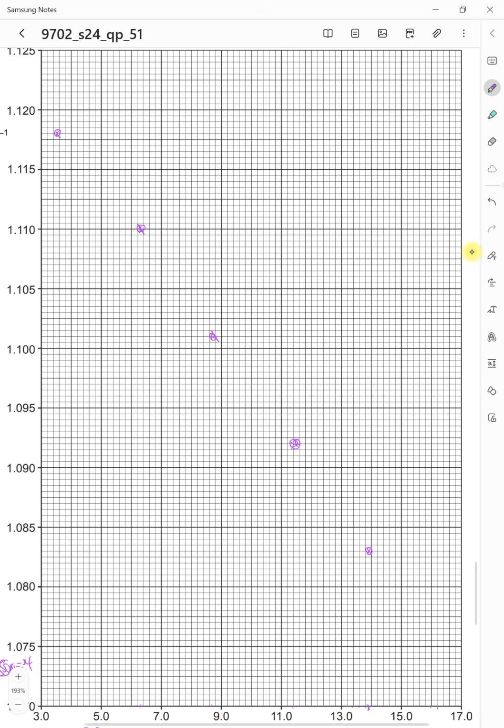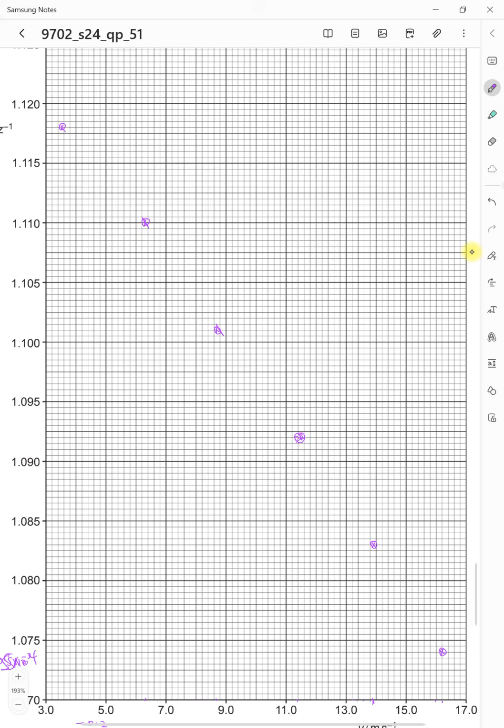So I have to replot again. 16.2 towards this point here. Sometimes when you notice that the line of best fit is not coming out very well, try to cross-check the plotted points again. I think I need to check the second point again.